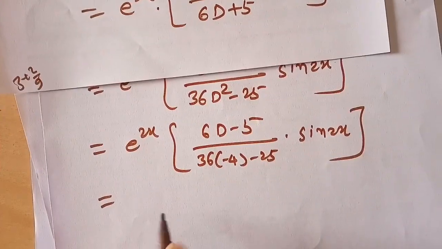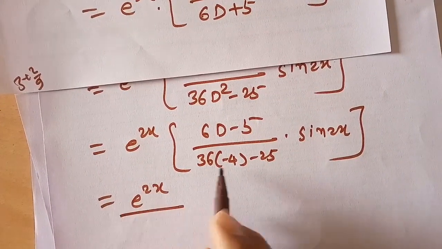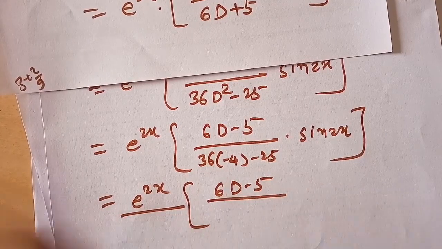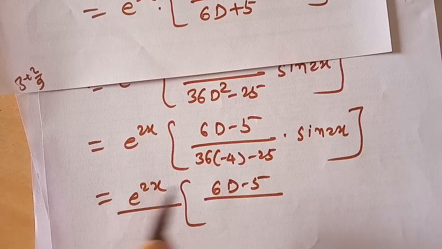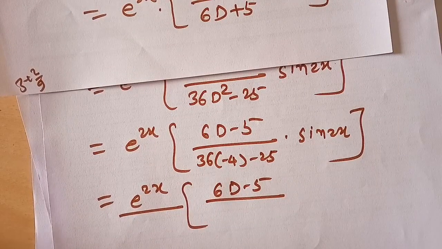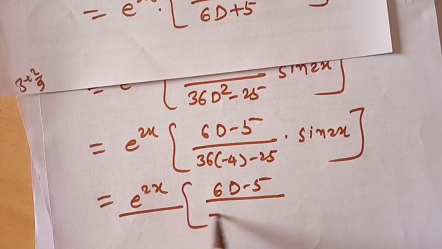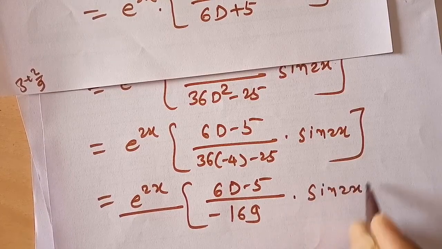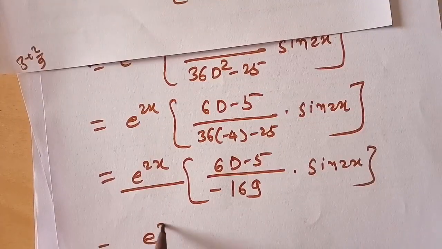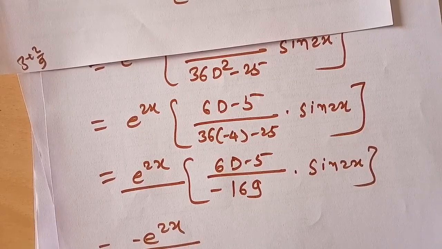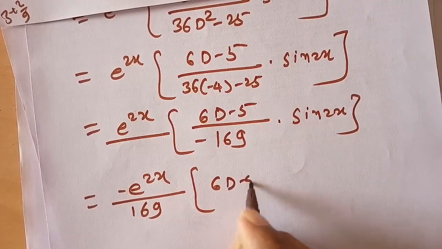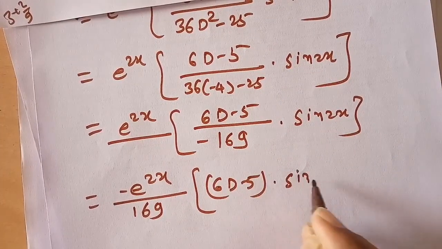This is equal to e^(2x) into (6D − 5) divided by minus 169 into sin 2x. I will take this term outside: e^(2x), minus 1 upon 169 into (6D − 5) into sin 2x.